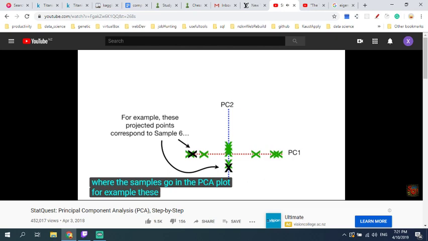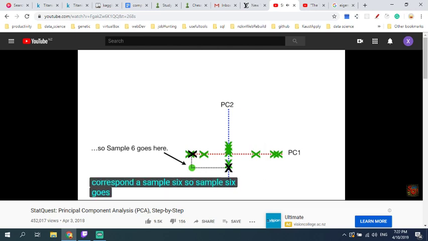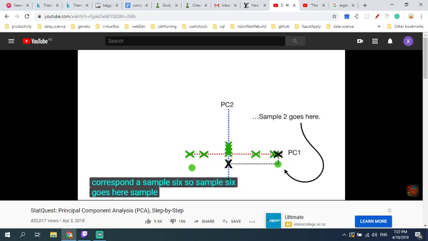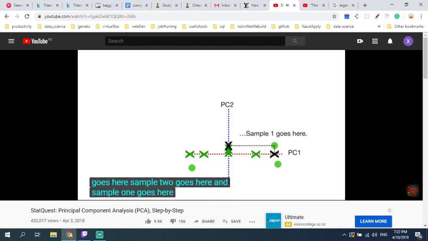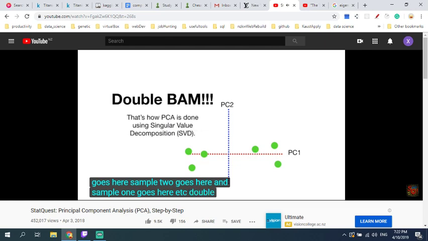For example, these projected points correspond to sample 6. So sample 6 goes here. Sample 2 goes here. And sample 1 goes here, etc. Double bam! That's how PCA is done using singular value decomposition.